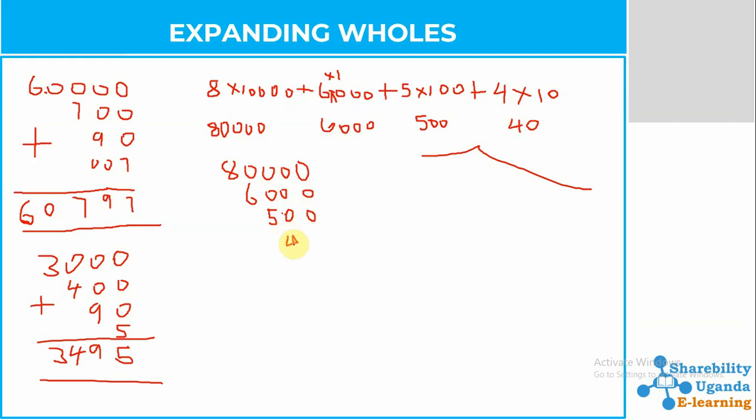Then our 40. So you can now be able to add these numbers. Here you'll be able to get a 0, a 4, a 5, then a 6. Okay, then 8. So this number we shall have written it into short form.